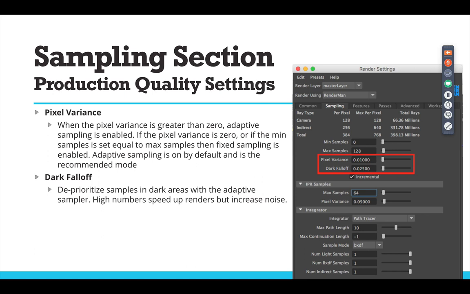Pixel variance is how different is one pixel when it samples from the same pixel in the following pass. If it changes, then it's going to be resampled. If it doesn't change, then it's going to more or less be called done. So think of it kind of as a fine-tuning threshold.